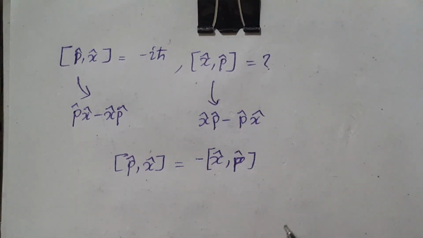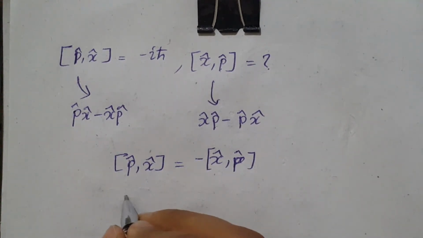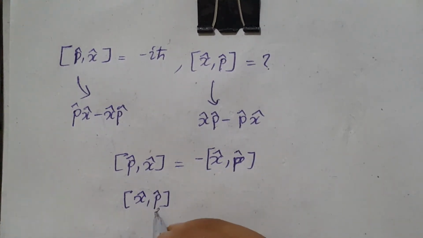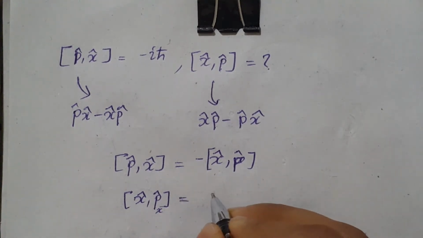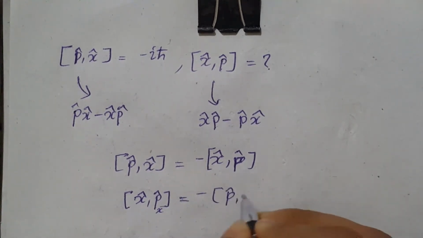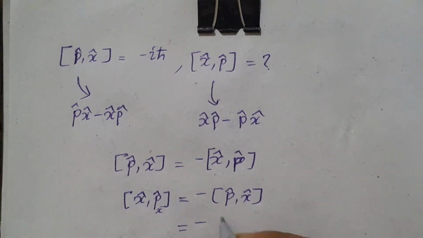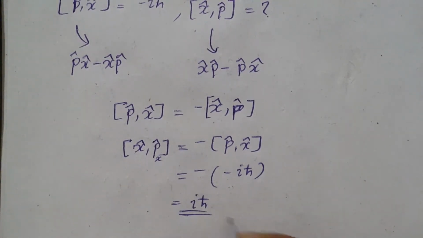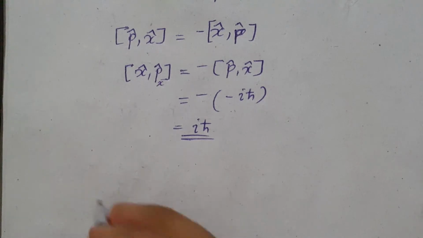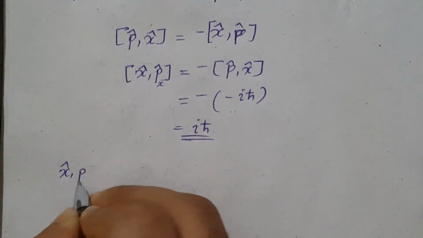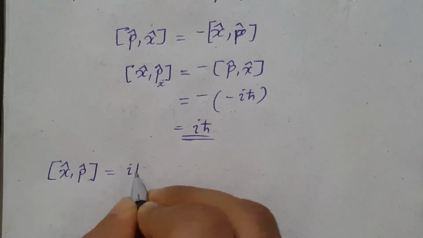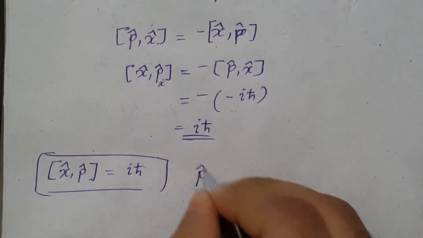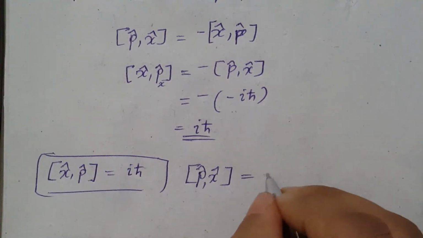Remember all this momentum is only along the x axis. So x cap p cap will be minus of p cap x cap, but we know p cap x cap is minus i h cut, so it will be i h cut. So today we have two results. One is the commutator of x cap p cap is equal to i h cut, and the other is the commutator of p cap x cap is equal to minus i h cut.